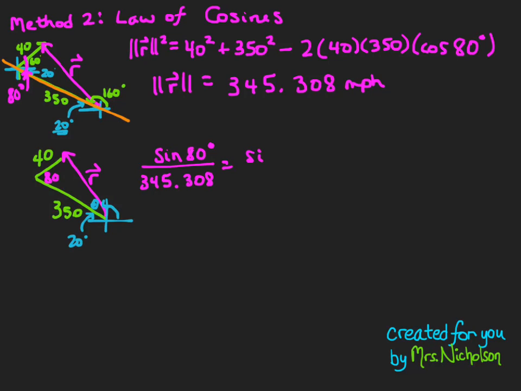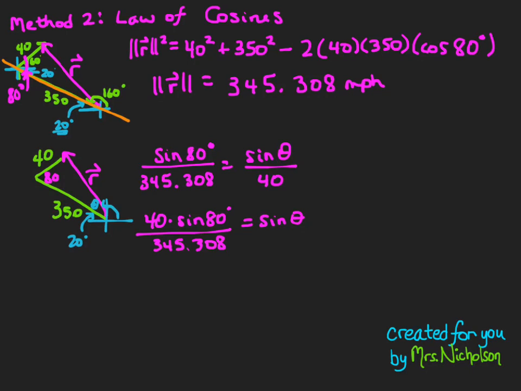And that's going to be equal to sine of the angle that I'm looking for over 40, since 40 is the side across from that angle. So then sine theta is going to be equal to 40 times sine of 80 divided by 345.308. I'm just multiplying 40 to the other side.